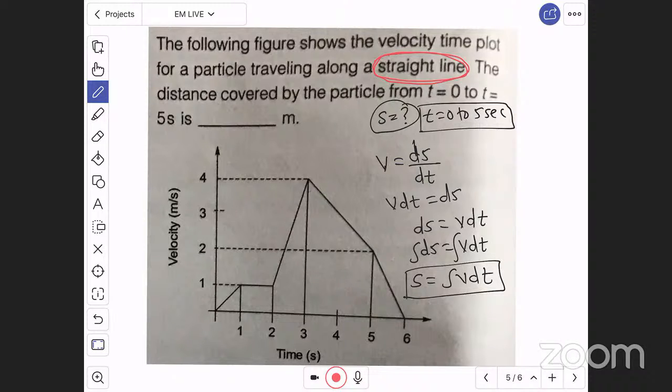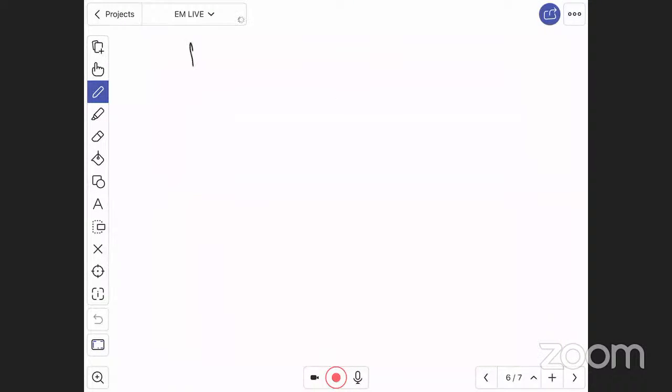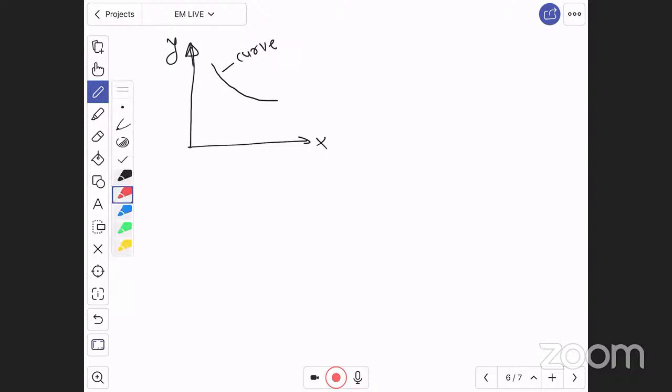Now, my dear students, you have one concept. Let us say you have a y-axis and an x-axis, and you are given one curve. Let us say this is any curve, and my target is to find the area under this curve.